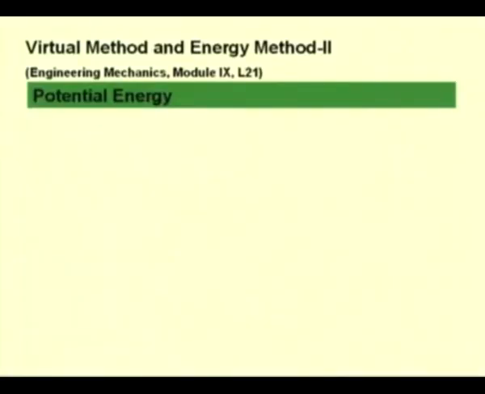The discussion will be extended from our understanding of the virtual work principle and the way we have used virtual work to analyze equilibrium or the efficiency of a real mechanical system. For your reference, this is module 9, lecture number 21 of the engineering mechanics course.